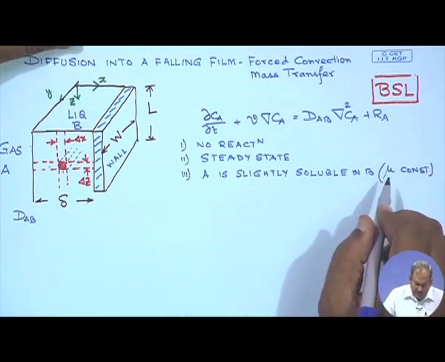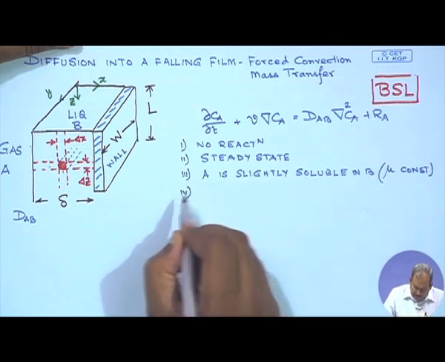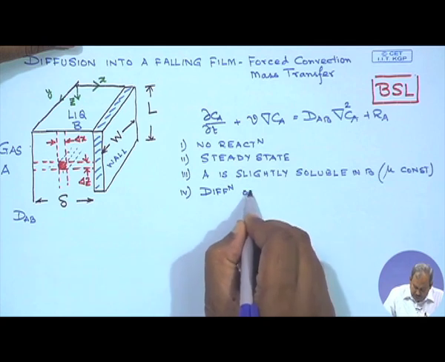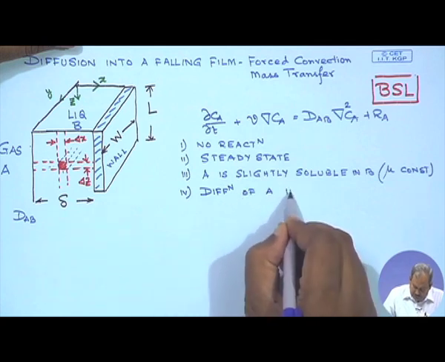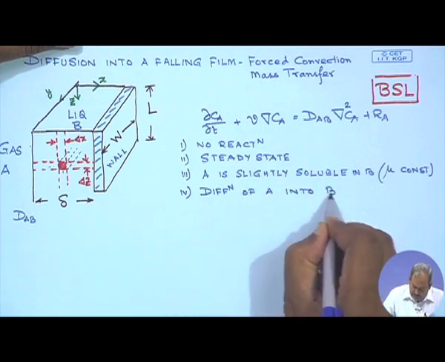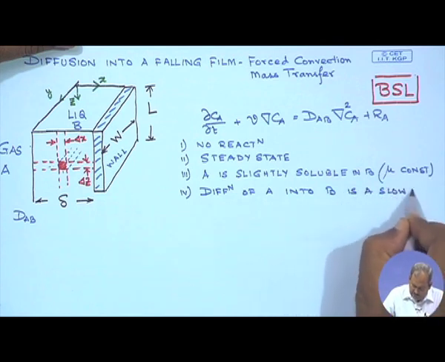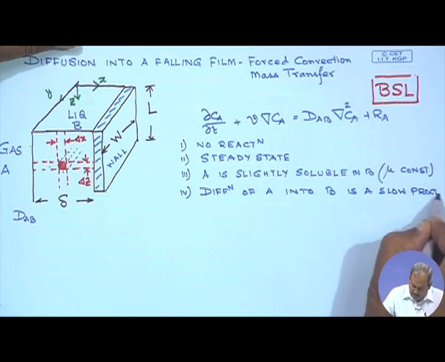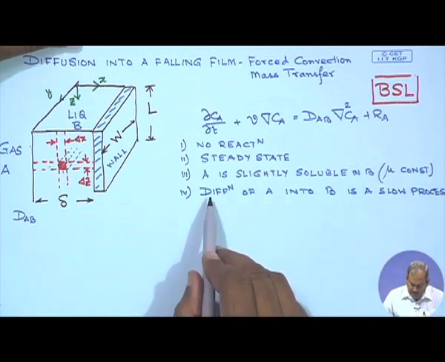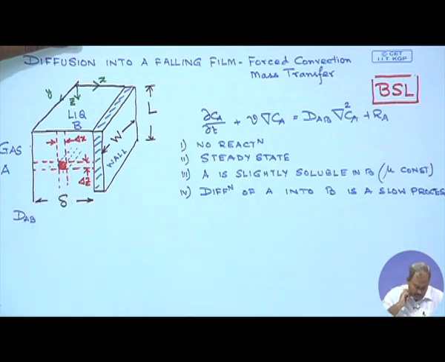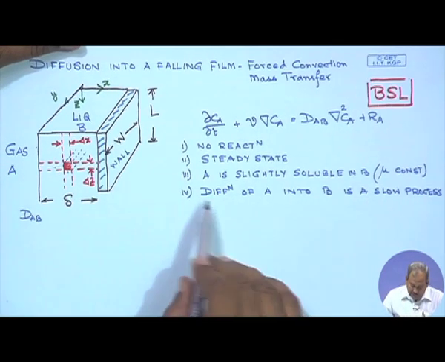And the fourth one is diffusion of A into B is a slow process. What this simply tells us is that the penetration of A into B is taking place over a period of time.